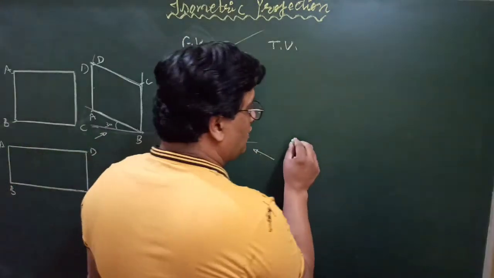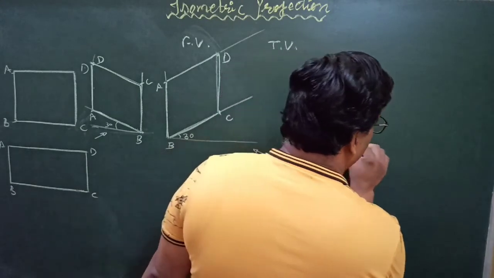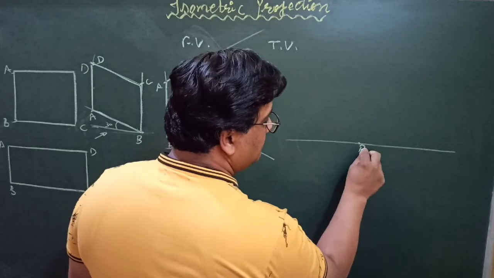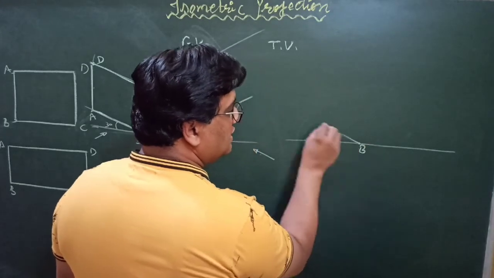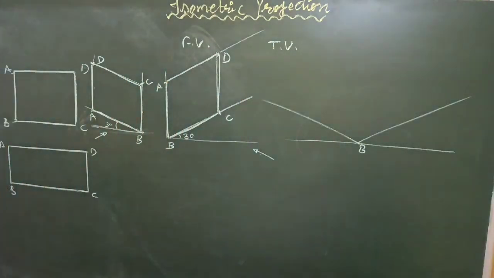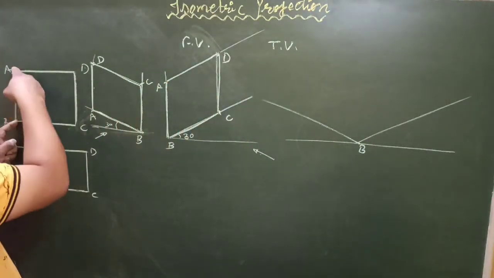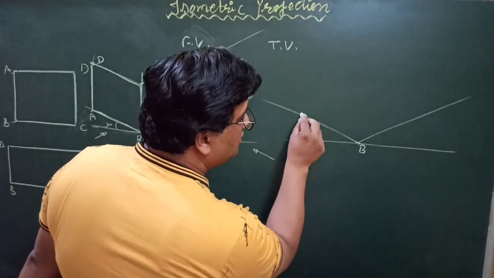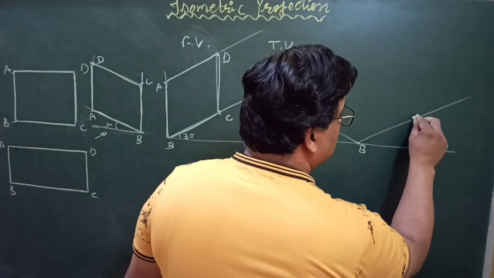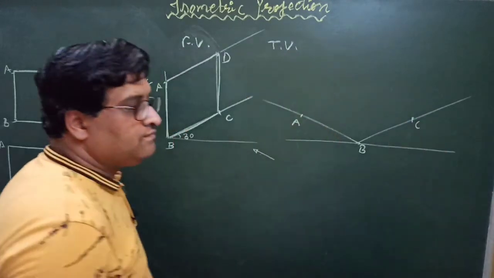When we talk about top view, what you have to do is take one horizontal line, point B, and two 30-degree lines on both the sides, like this. Now you can take the B to A distance. From B to A you can cut here, from B to C you can cut this side.